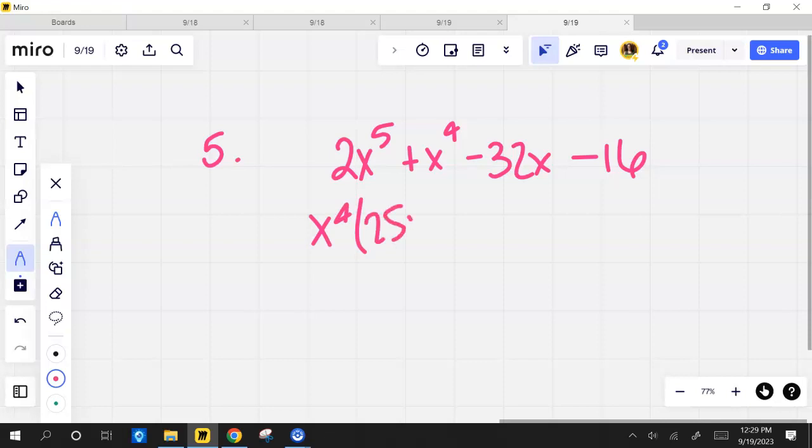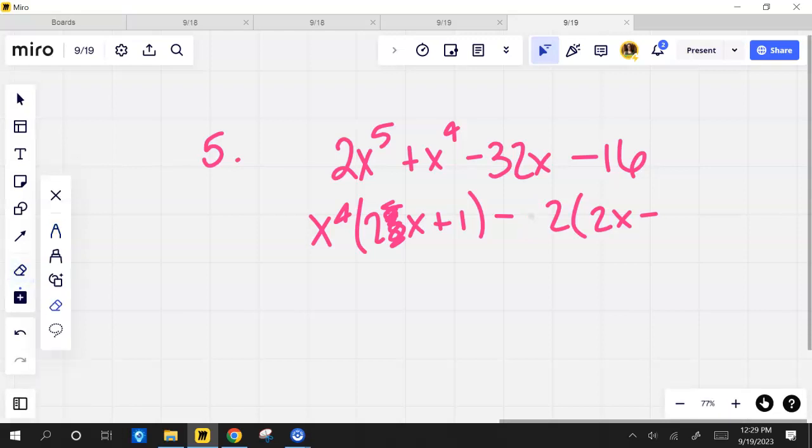Let's see, 25x plus 1. Oh, no, you can't. Wait, what am I doing? I'm getting confused.